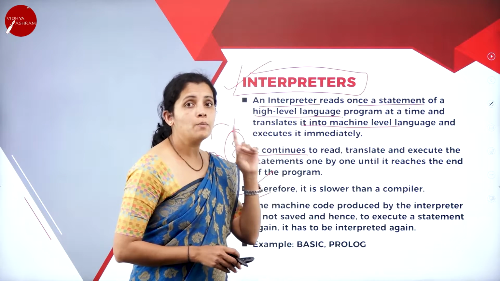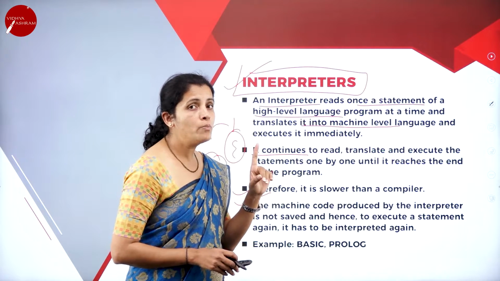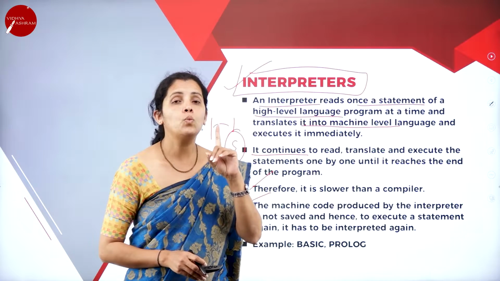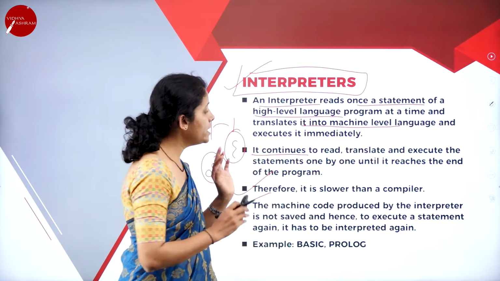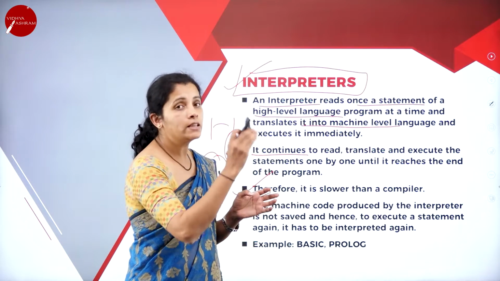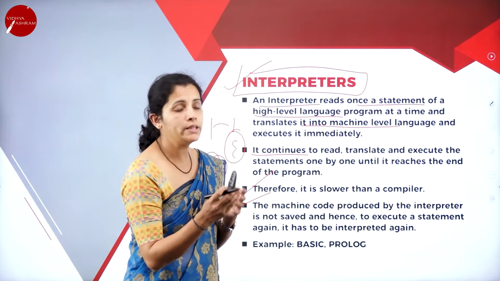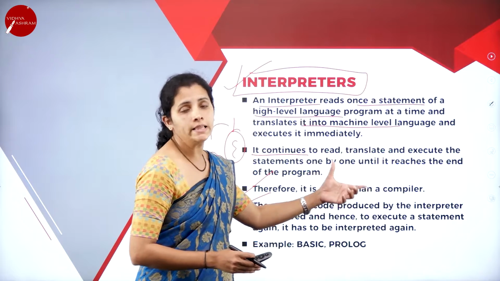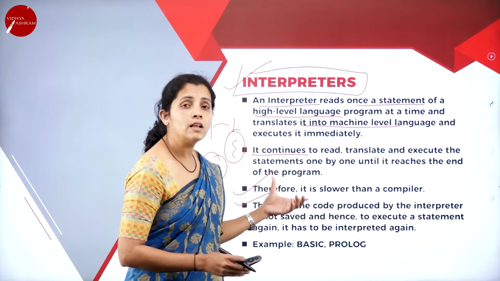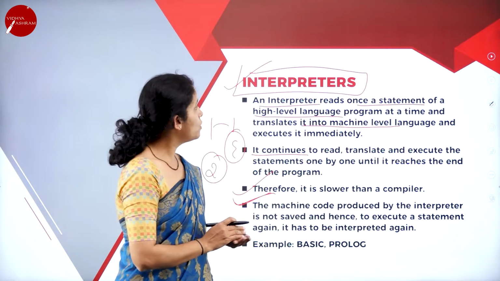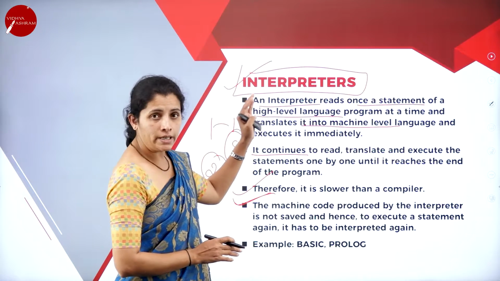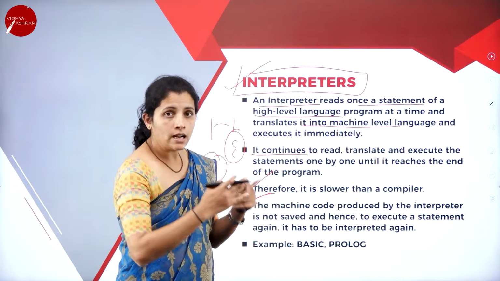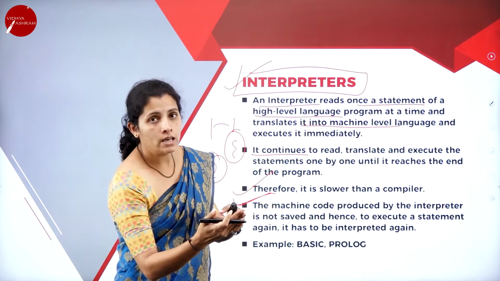So here I'm going to perform translation only one time for one line. Each time I translate, at the same time I'm going to execute that line. So the machine codes produced by the interpreter are not saved, because what's the job of the interpreter? Read the line, translate the line and execute the line.